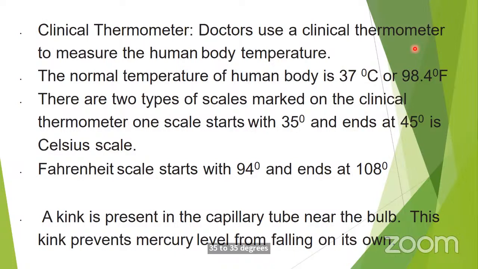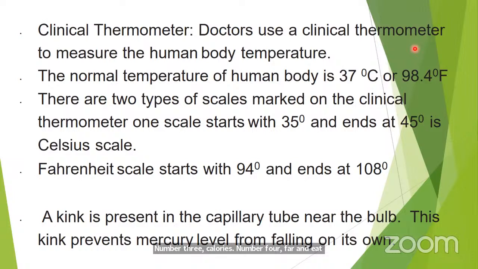ఇట్లా తక్కువ వాల్యూ ఉన్న క్లినికల్ థర్మా మీద మార్క్ చేసిన నంబర్స్ కనపడితే అది సెల్సియస్. ఎగ్జాంపుల్ ఇట్లా అడగవచ్చు. ఇన్ క్లినికల్ థర్మామీటర్ ద రీడింగ్, ద మార్క్డ్ స్కేల్ స్టార్ట్స్ ఫ్రమ్ 35 to 45 degrees. Then the scale must be number 1 Kelvin, number 2 Celsius, number 3 calories, number 4 Fahrenheit.